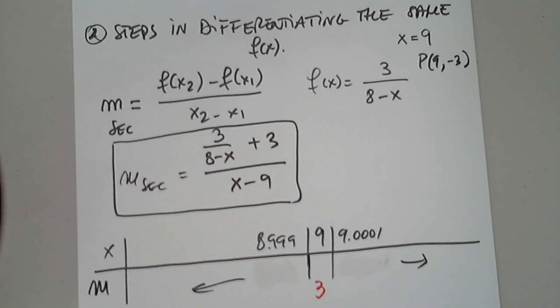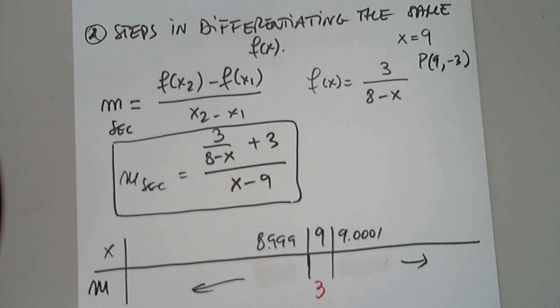So 3 divided by quantity 8 minus x, and close the parenthesis for the denominator, and then plus 3, and then divide by x minus 9. Of course when I do second and table, and if I plug in 9, the calculator will say, where are you coming from?